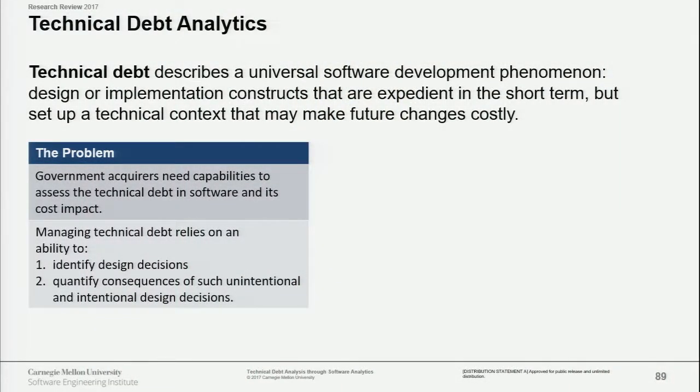What is the problem? The problem is that because we have so much cost put into our software, a lot of our stakeholders are now asking the question, I want to know what I'm getting. What is the technical debt of this project that I'm getting? This applies to a contractor and owner relationship, or to development teams asking each other, I'm making this decision now, how am I going to communicate it to the rest of my team members?